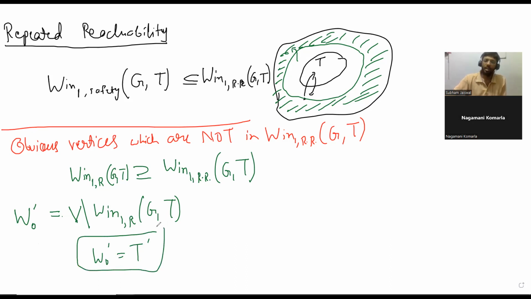Now if there is some vertex which is not in W naught prime, but player 0 can reach this target set, then also those vertices cannot be winning for player 1 for repeated reachability. We'll have to delete those as well, because sometimes it may reach T, but eventually player 0 can take the game into T prime, and after that he will not let the game go out of it. So it will be reached, but it won't be repeated reachability for player 1. So we will take those out, we delete them.